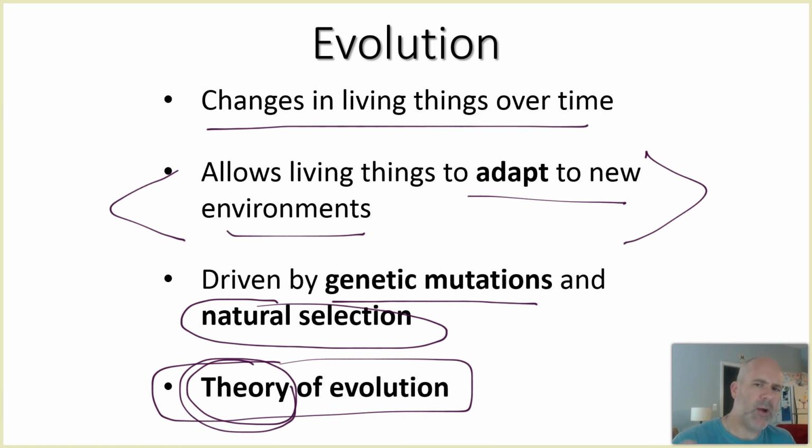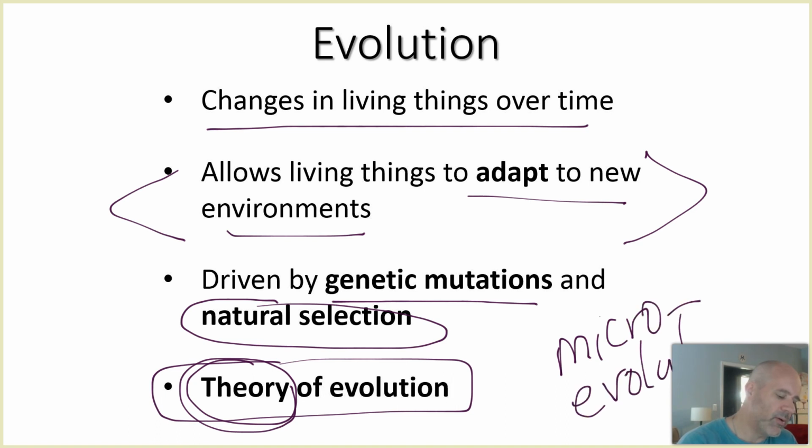Now, in microbiology, we'll tend to talk more about microevolution, which are short-term changes that can occur quickly in living things. So microorganisms like bacteria and viruses, they replicate very, very quickly.